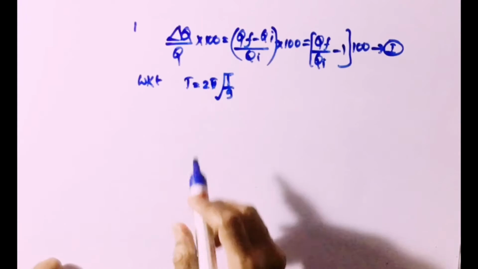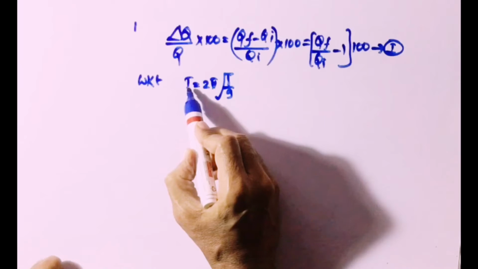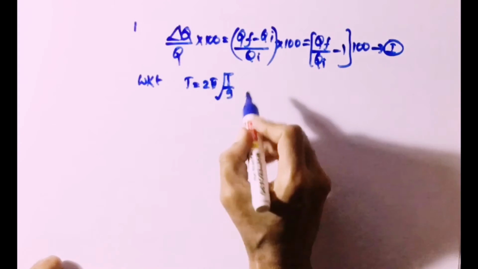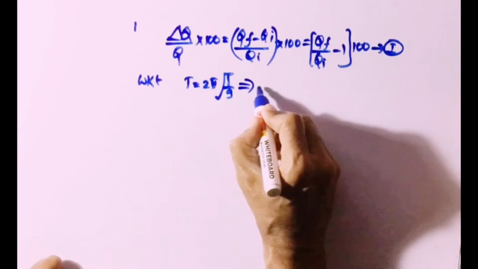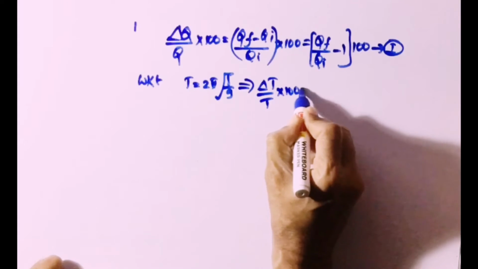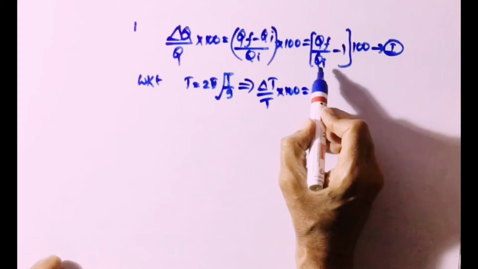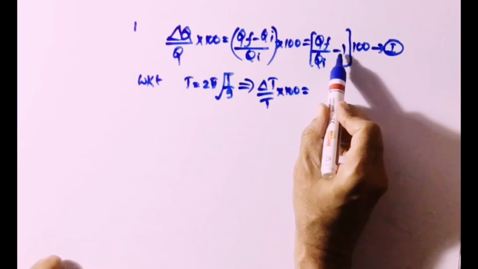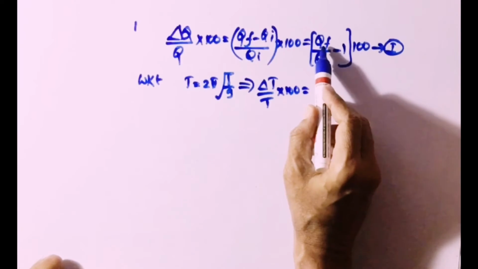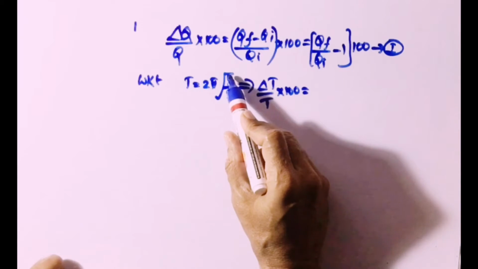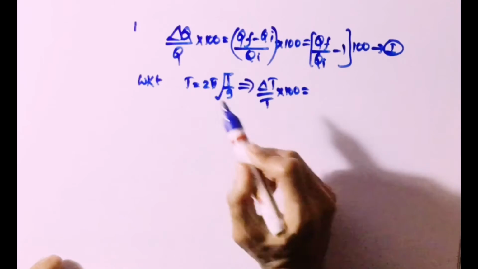So, in the LHS, I have to calculate the percentage change in the time period. I'll look at the format. So, I can rewrite it as delta T by T into 100 is equal to, what is the RHS in the format number 1? Q final by Q initial minus 1 into 100. What is the final quantity in the RHS in the given formula? L, which is under power half.